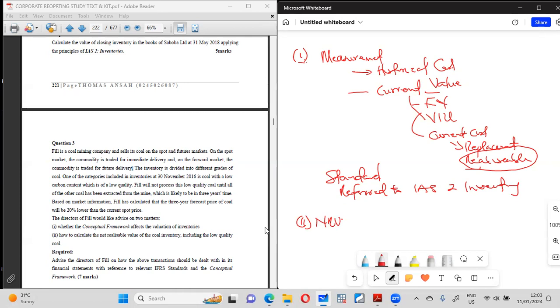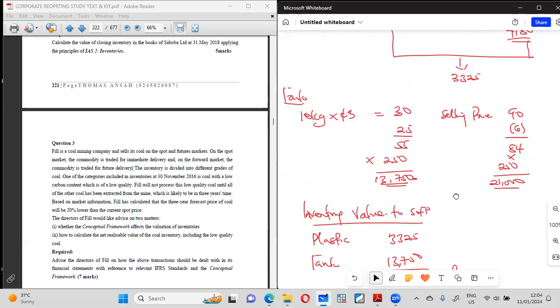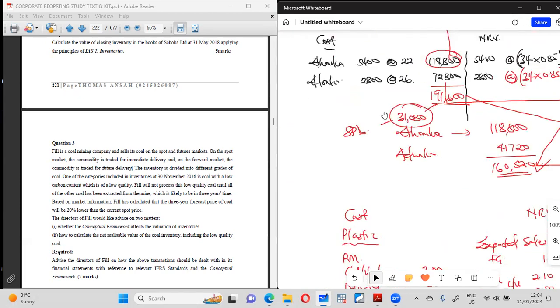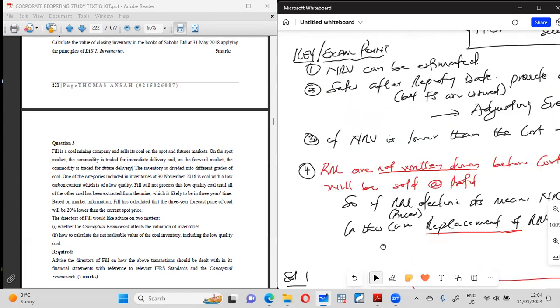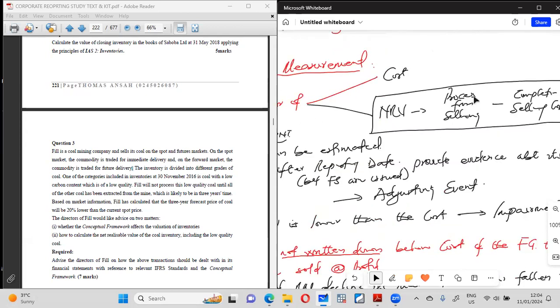So now we know that IAS 2 defines the net realizable value as what? The selling price that you get, all right? Then you have to less any cost of completion and any cost of sales. Do you remember? Yes. So if you remember, I showed you here, when we started explaining the concept, we put it somewhere here. So the proceeds from selling, all right, and you will less what?